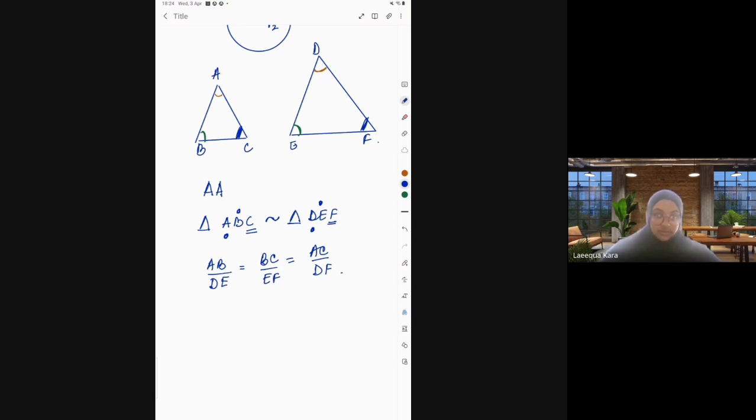Now, what I showed here was basically using the AA rule of similarity. There are various other rules, like the SSS rule of similarity. Remember, in similarity, sides are not equal, but sides are meant to be in proportion.